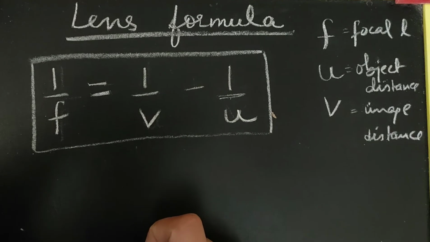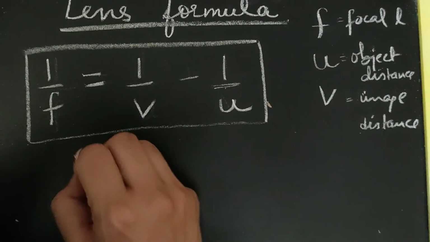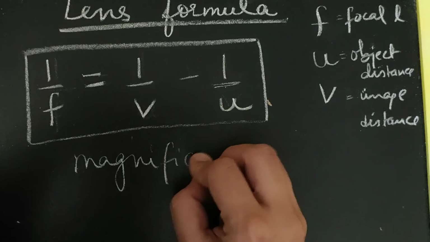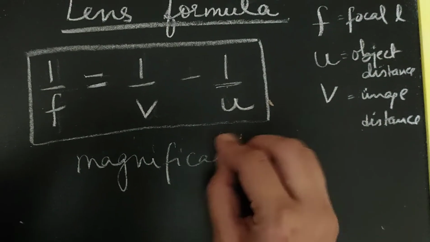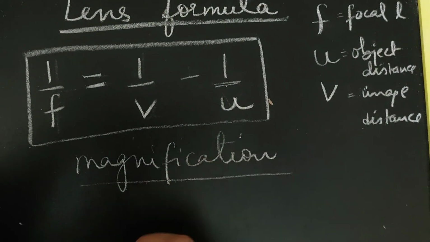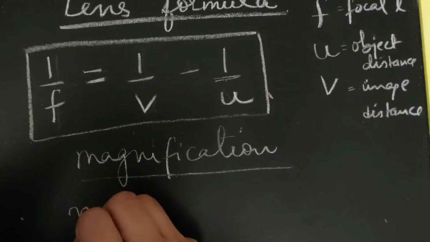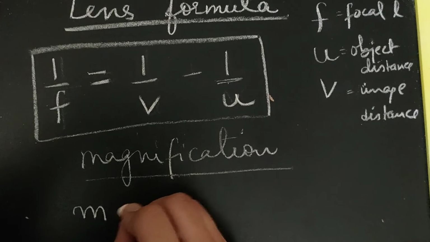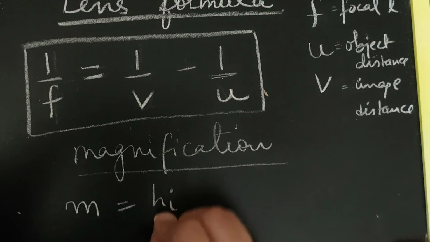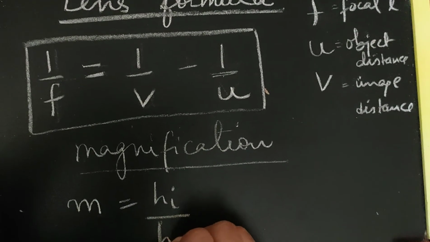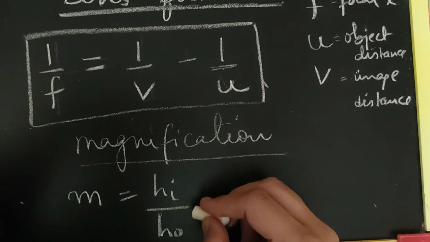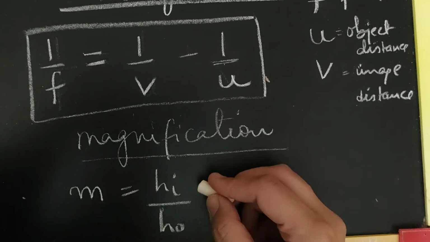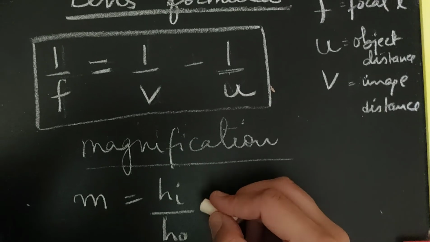In extension to this, you had also discussed magnification. That is a ratio which gives you an idea about the size of the image formed. Magnification, which is represented by small m, is calculated as the ratio of height of the image to height of the object. So this ratio gives us an indication of how the image and the object heights or their sizes are related.